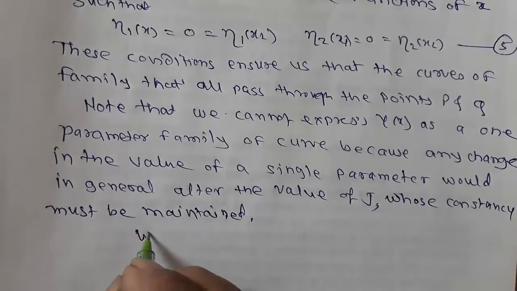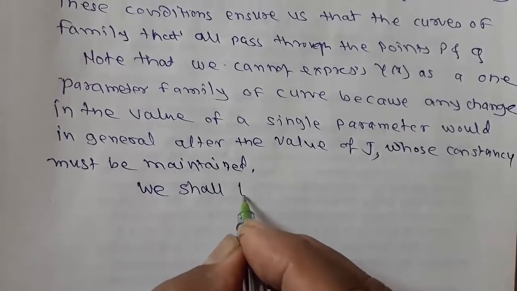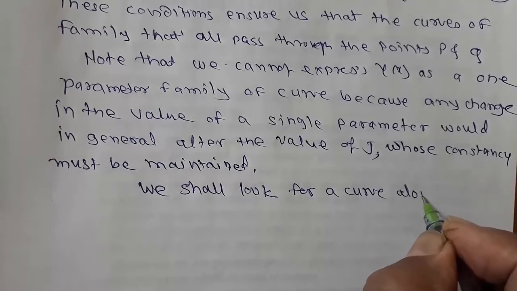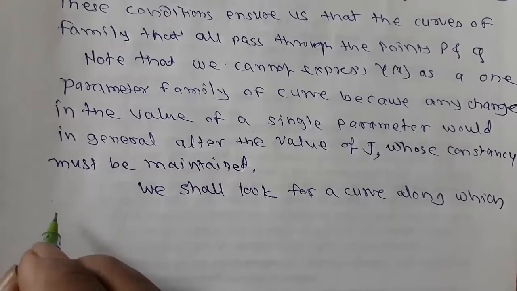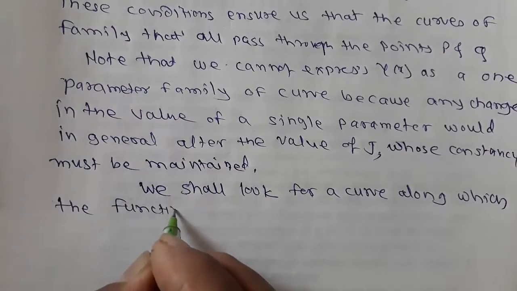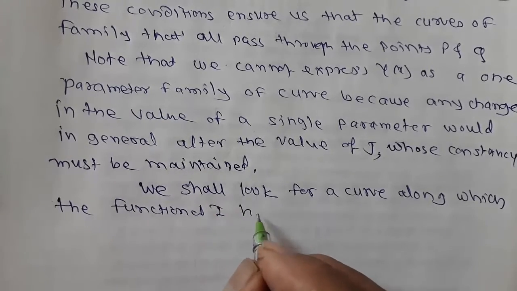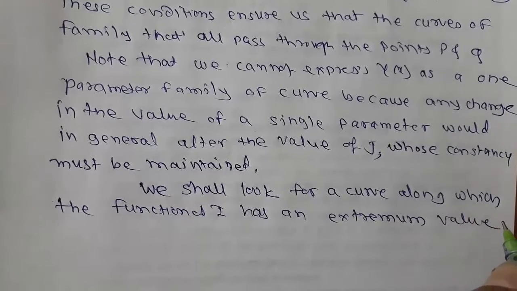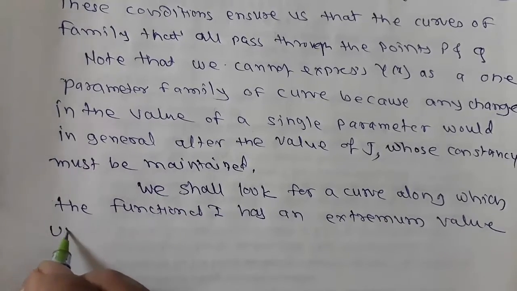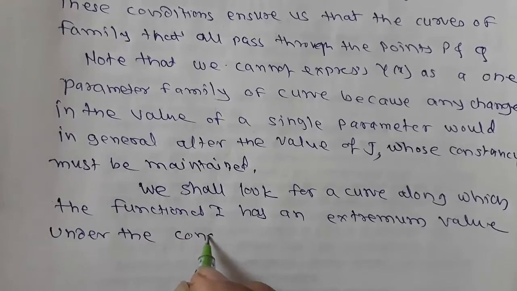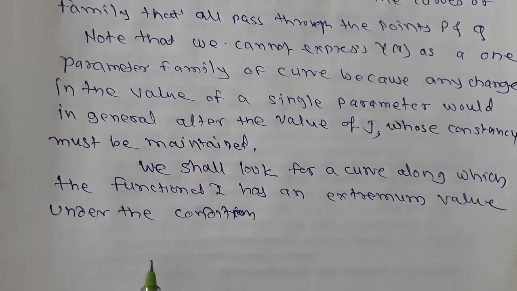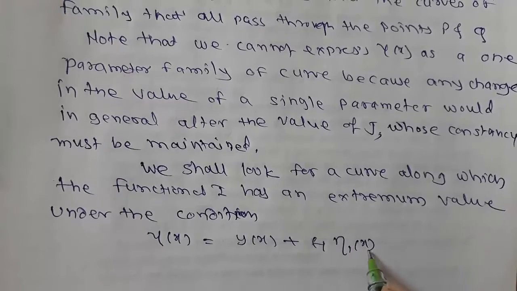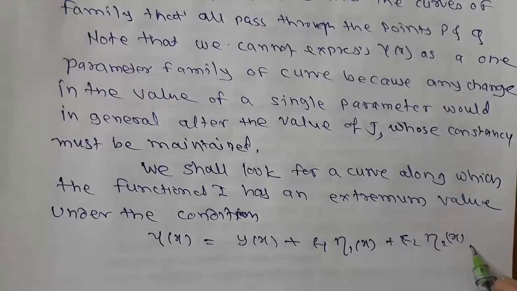We shall look for a curve along which the functional I has an extremum value under the condition given in equation 4, that is Y at x equal to y of x plus epsilon 1 eta 1 at x plus epsilon 2 eta 2 at x.